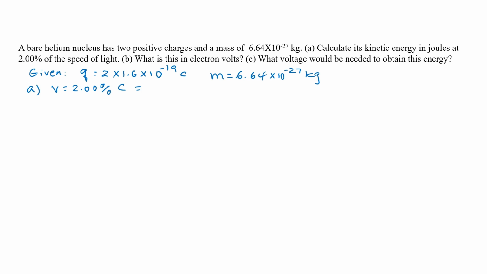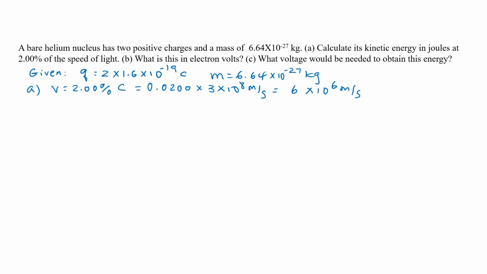Therefore, 2%, which is 0.02 of the speed of light, which is 3 times 10 to the 8 meters per second. And that speed is equal to 6 times 10 to the power of 6 meters per second. So we know the speed.